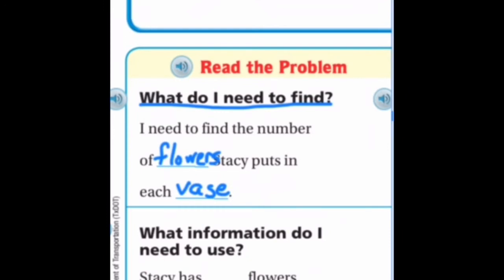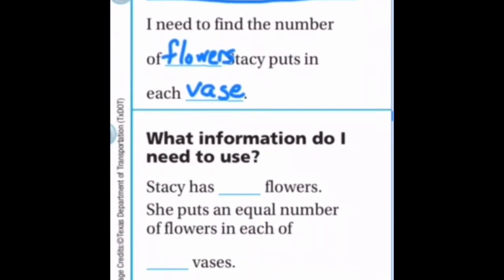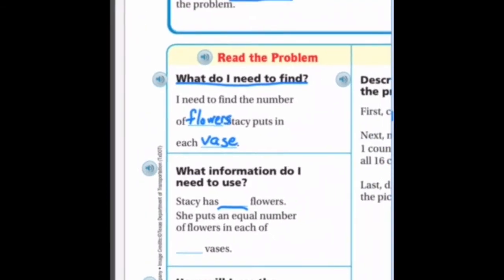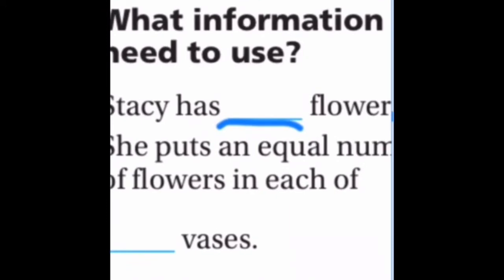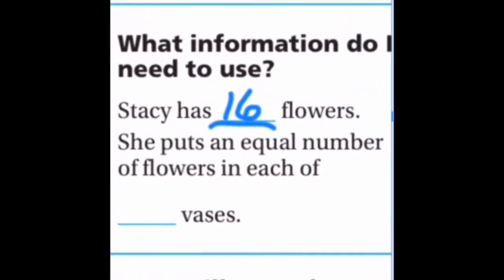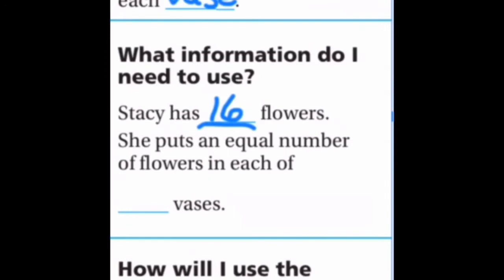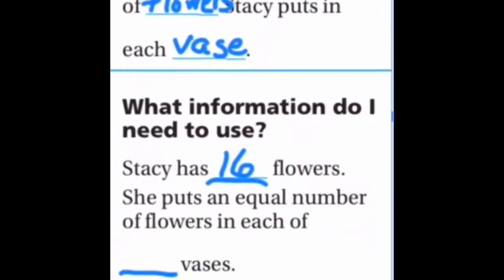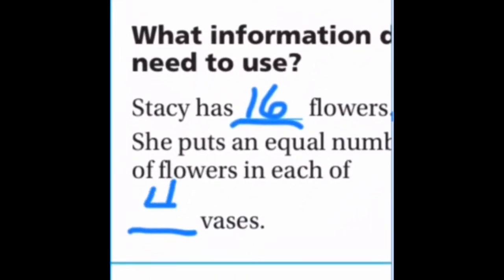What information do I need to use? Stacy has blank flowers. So we need to go back up here, look and see how many flowers she has. It was 16, because I did not remember that, so I had to go back up and look, right? She puts an equal number of flowers in each of blank vases. And how many vases does she have? It was 4. So she has 4 vases.